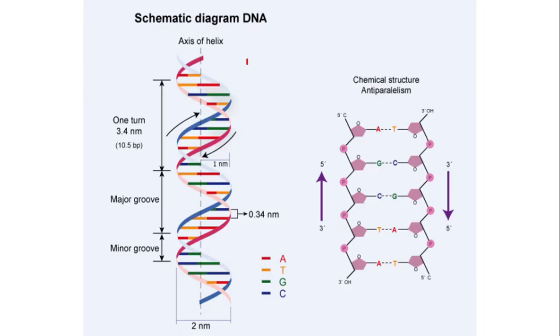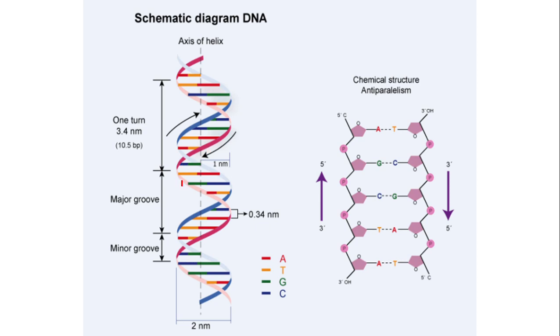And again, look here at the sizes. The diameter of the molecule is 2 nanometer, and the distance between any two nitrogenous bases or any two nucleotides is equal to 0.34 nanometer. And one turn of the helix, I told you this is a double helix.